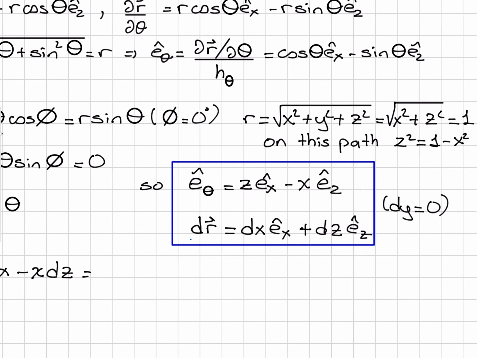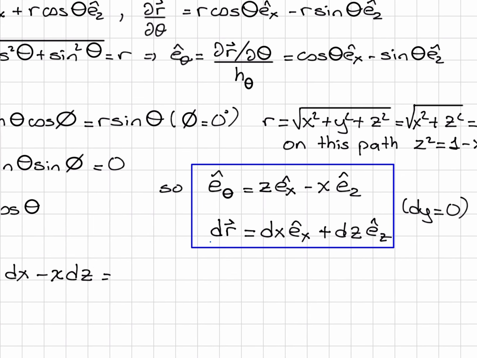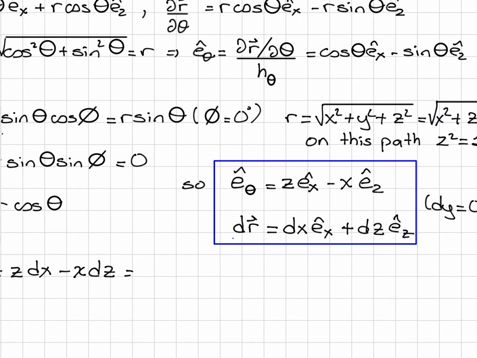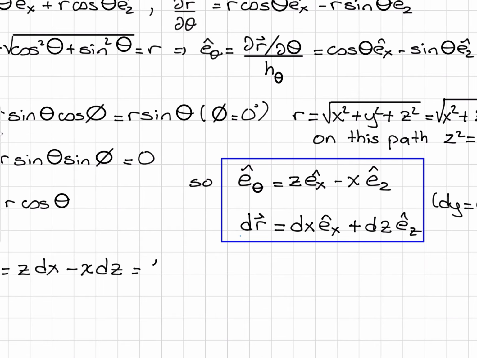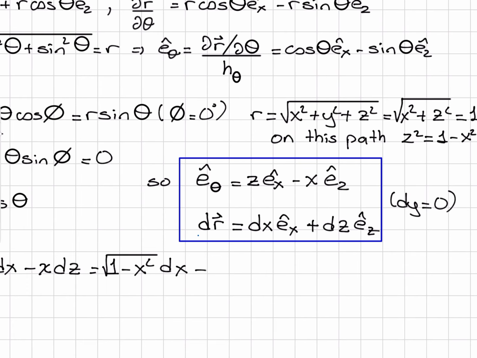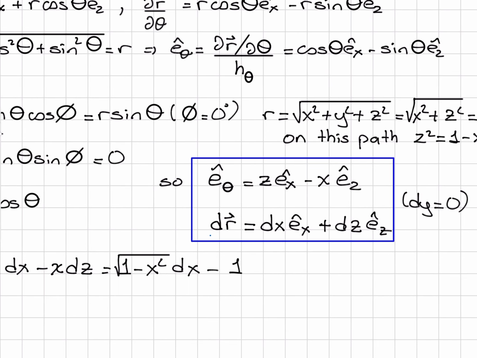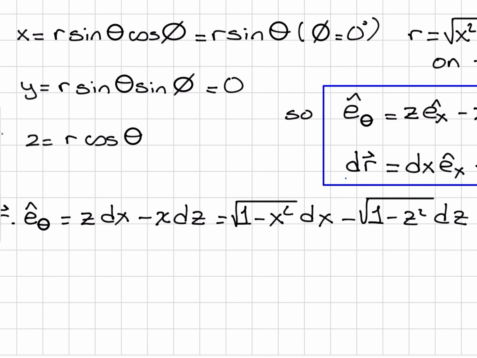And we also know that z is square root of 1 minus x squared. So we can write square root of 1 minus x squared dx. And x is square root of 1 minus z squared also, so square root of 1 minus z squared dz. Okay, now we're ready to perform the integral.